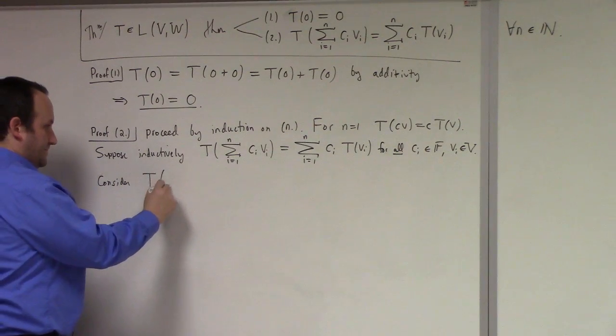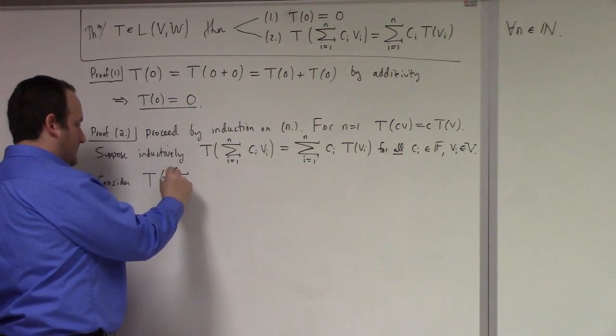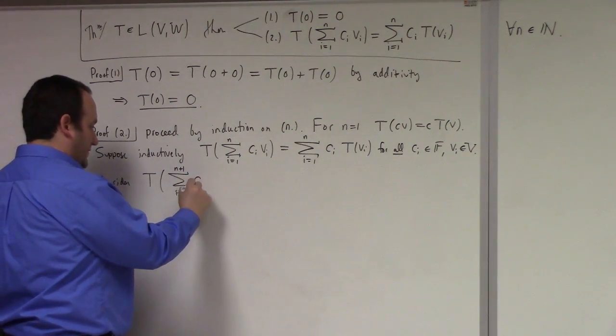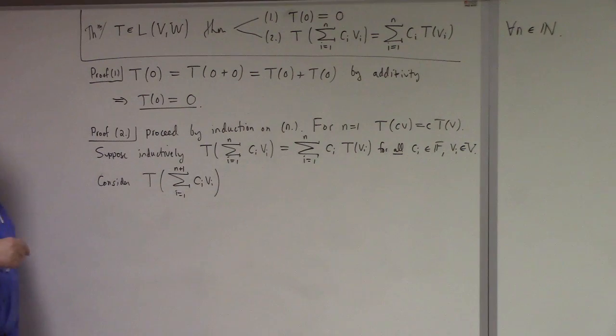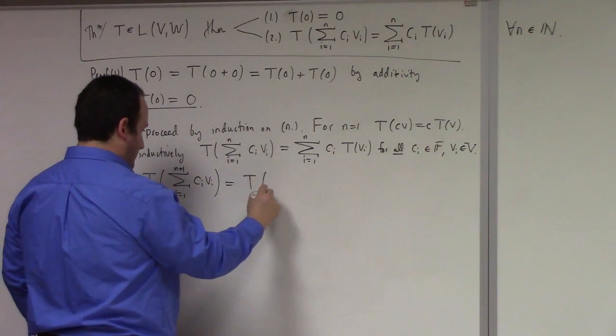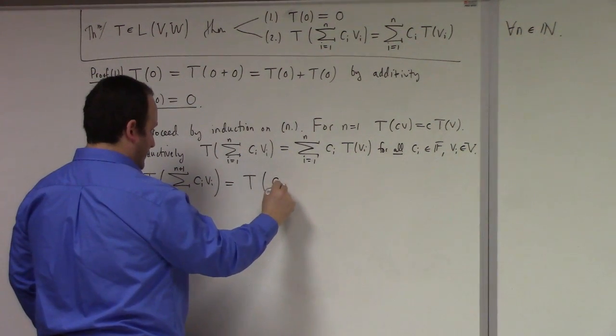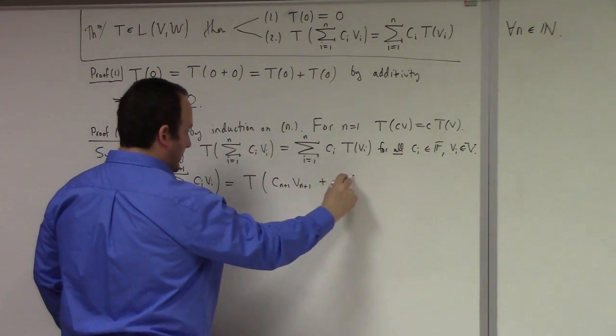So then what do we consider? T of what? The sum i equals 1 to n plus 1 of ci vi for some set of constants and vectors in the vector space, right? And then what's the definition of this? Remember the definition of finite sum? We made it recursively, like this, right?